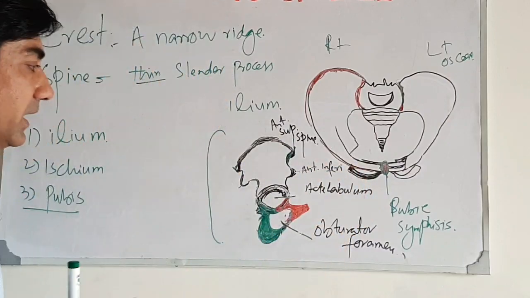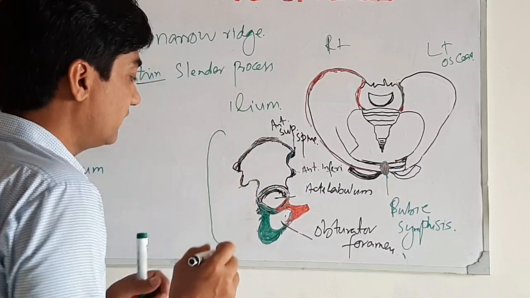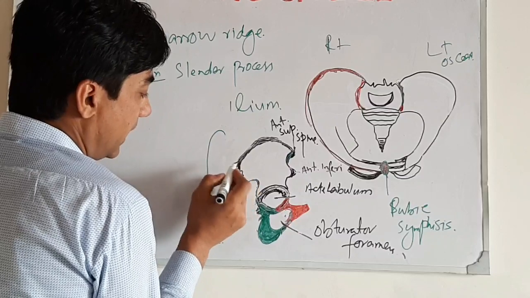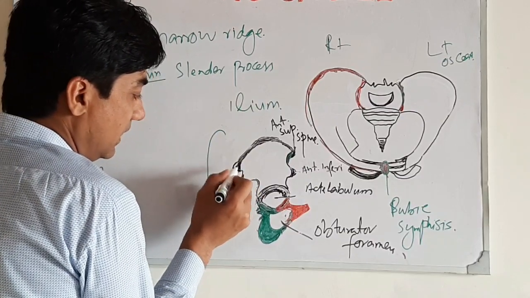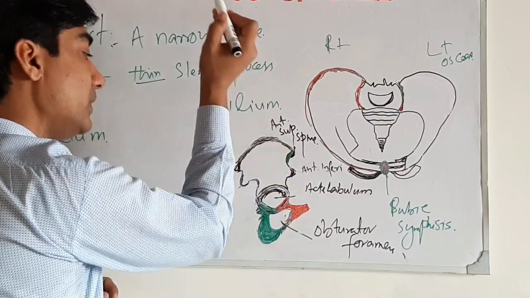Anterior inferior spine. Now on the posterior side, the upper spine is called the posterior superior spine.